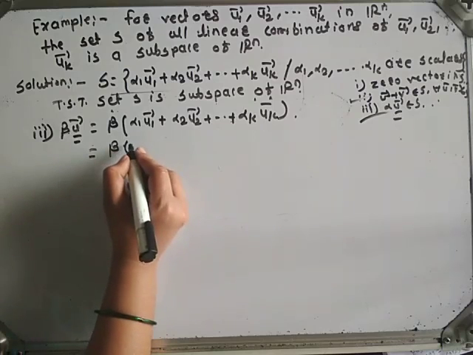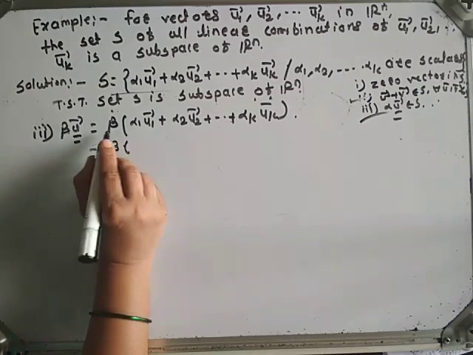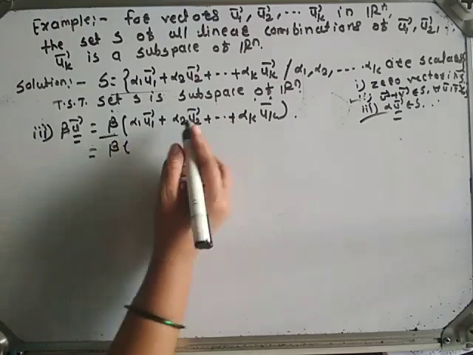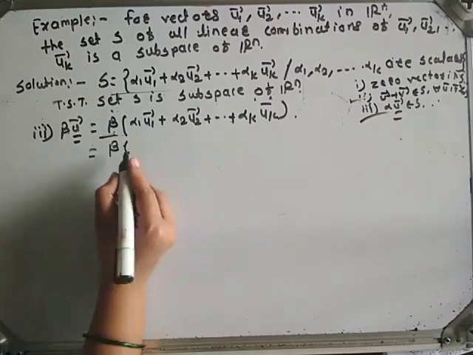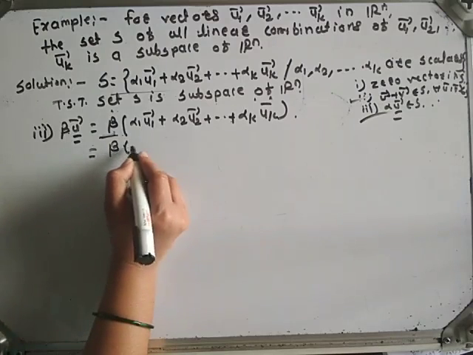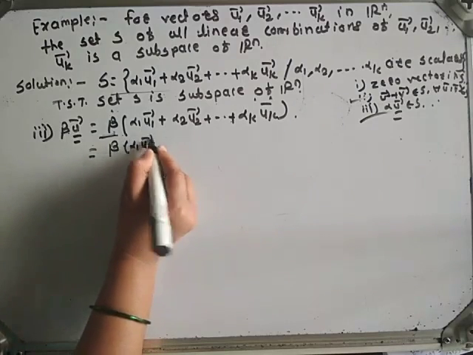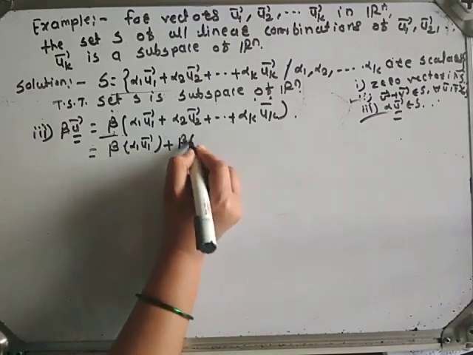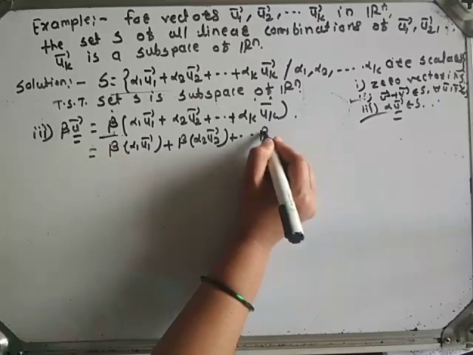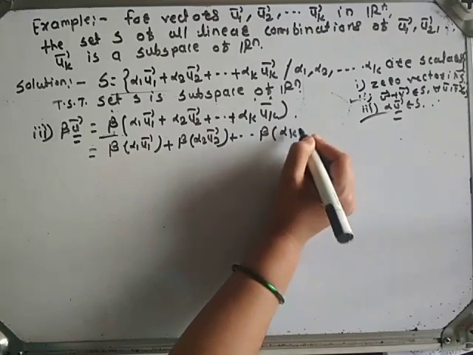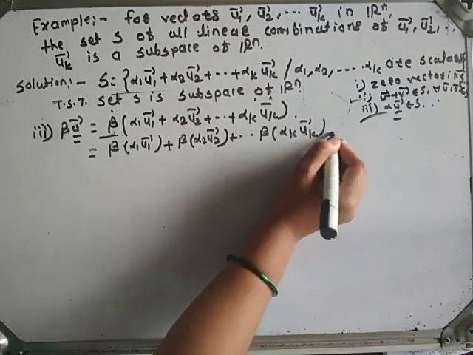This can be written as this beta multiplied by this, so here you will get beta into alpha 1 u1 bar plus beta into alpha 2 into u2 bar plus and so on up to beta into alpha k uk bar.